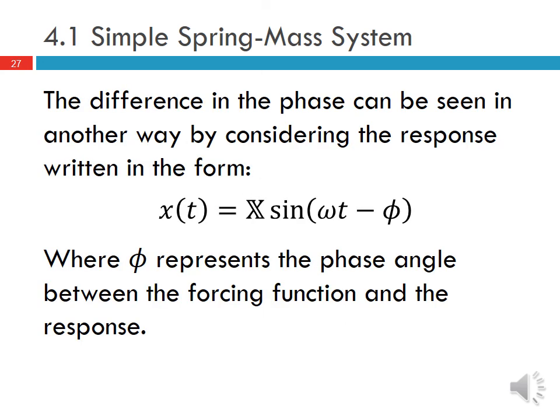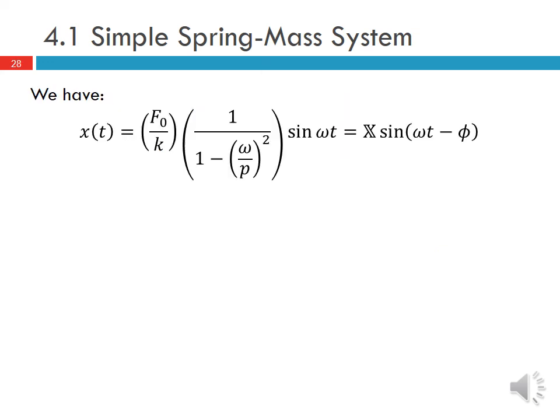The difference in the phase can be seen in another way by considering the response written in this form, where phi is the phase angle between the forcing function and the response. This is the steady state response, and it can be written in either of these two ways. If omega over p is greater than 1, this value becomes less than 0, becomes negative.